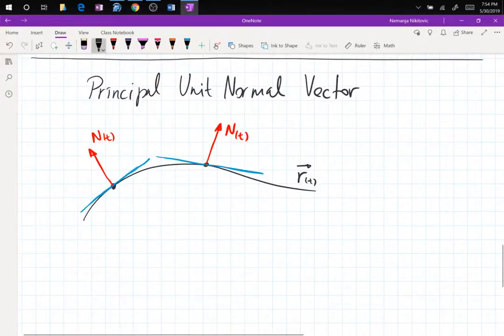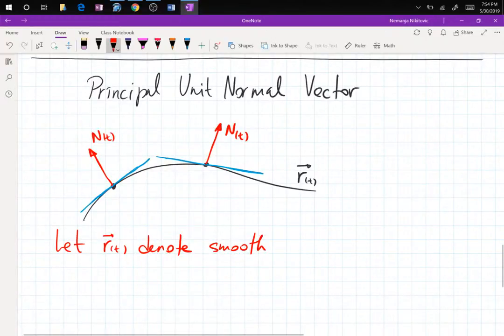All right, so what is the definition and then the way to compute it? Let r denote a smooth curve parametrized by arc length.